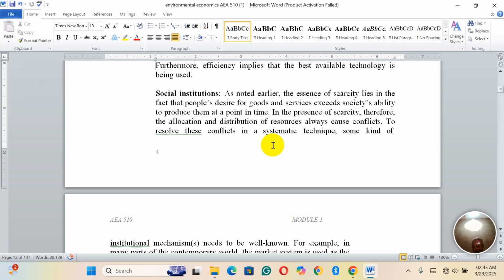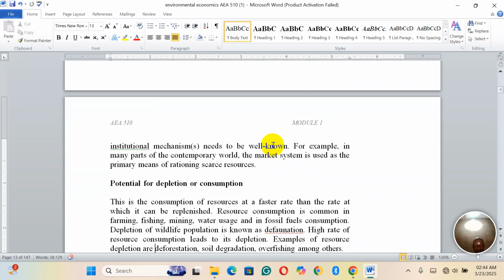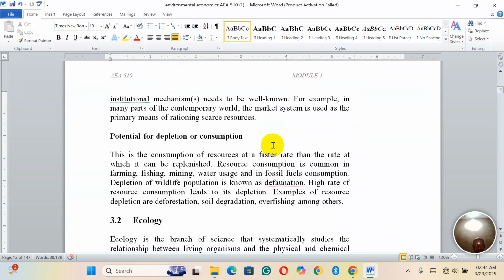To resolve this conflict systematically, some kind of institutional mechanism needs to be well established. For example, in many parts of the contemporary world, the market system is used as the primary means of rationing scarce resources.